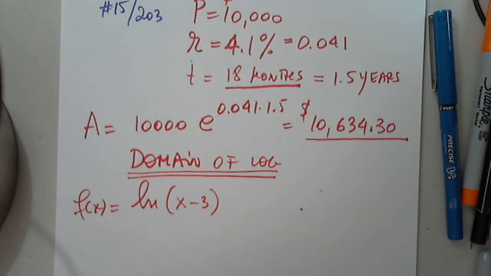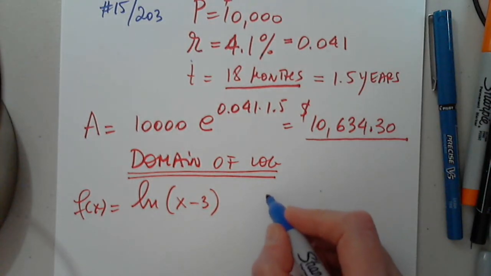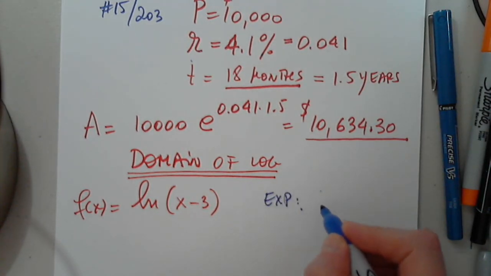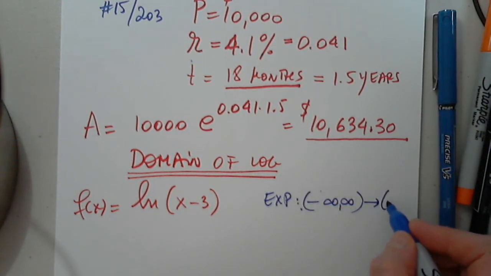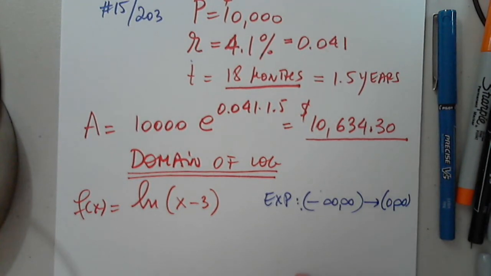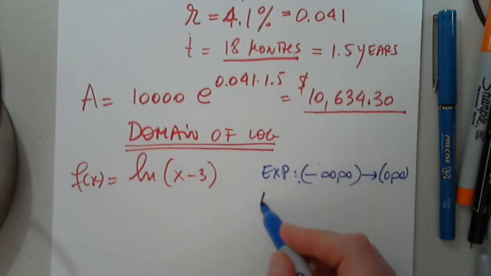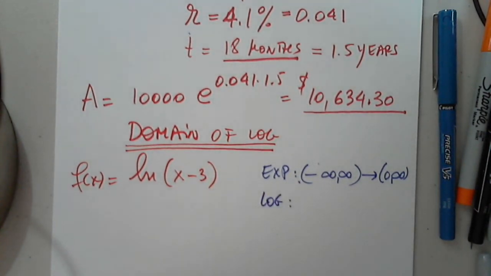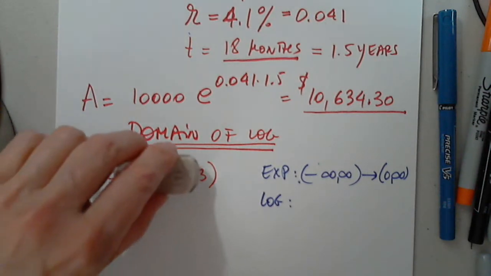Okay, in general, the exponential is defined on all real numbers and takes values from 0 to infinity, as we saw on the graph. Can anyone give us the domain of log in general? Don't look at this function yet.